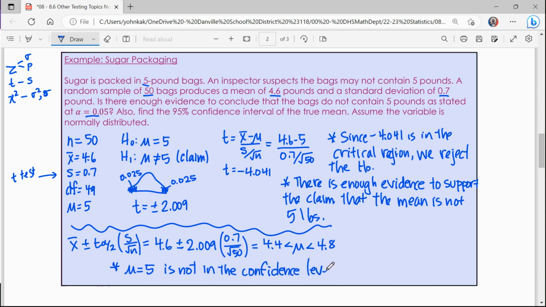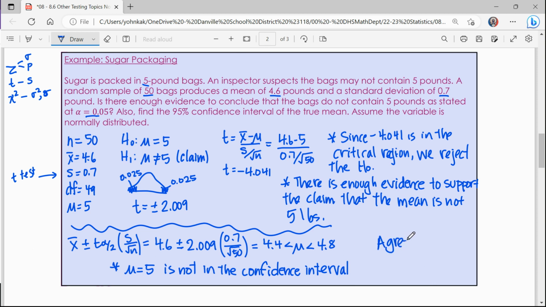So since it's not in the confidence interval, not confidence level, I apologize, confidence interval. So since 5 is not in the confidence interval, that agrees with the fact that we are supporting that the mean is not 5 and 5 is not in the interval.